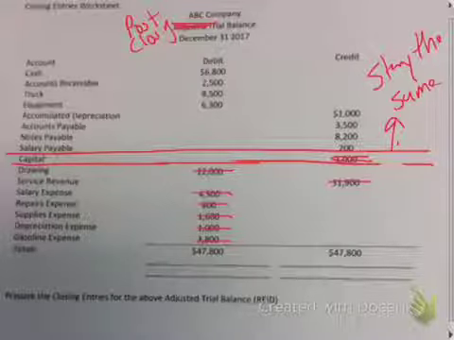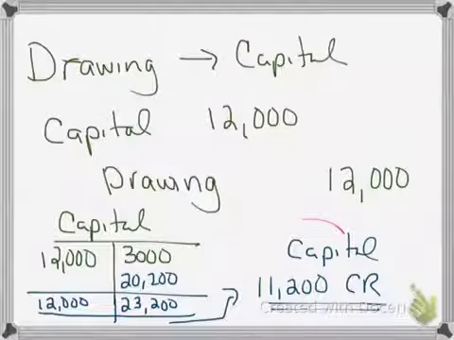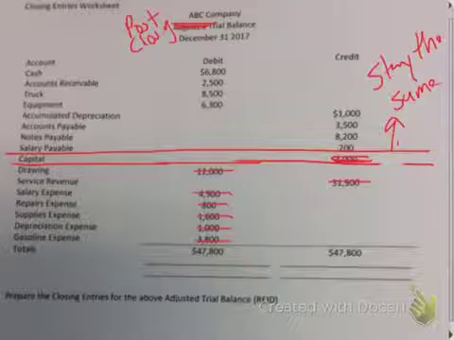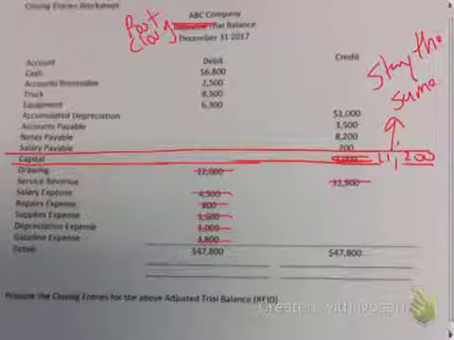The thing that changes here is the capital account, and where we're going to get that information is right here. So the capital is at $11,200. So when we go back to this, in the slot, we are going to put that $11,200 in.